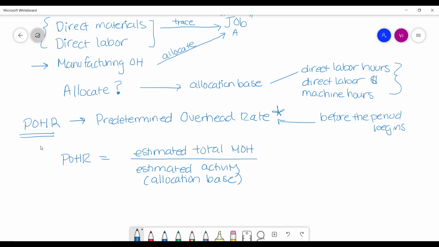And ideally, whatever you choose to use as the denominator, whether it's one of these three or another one, ideally that has to be a cost driver. Not always, but ideally a company should pick an allocation base that is driving overhead cost, causing it to be incurred in one way or another.